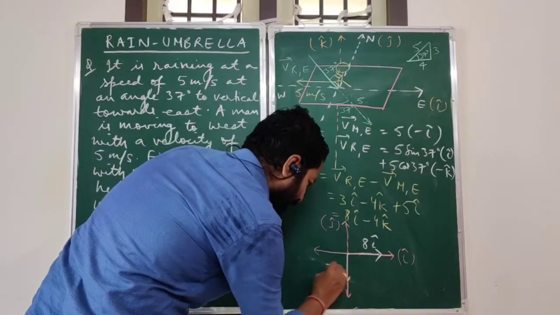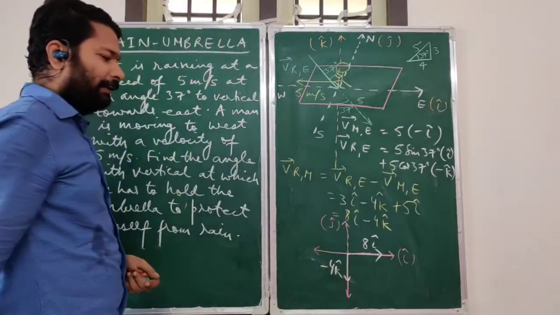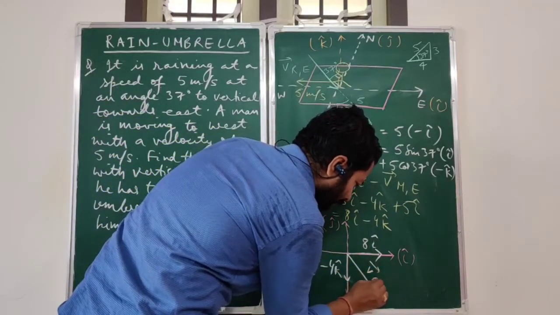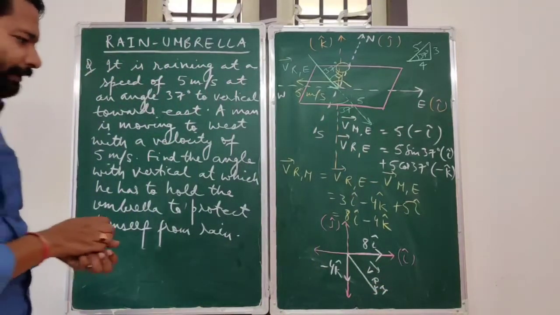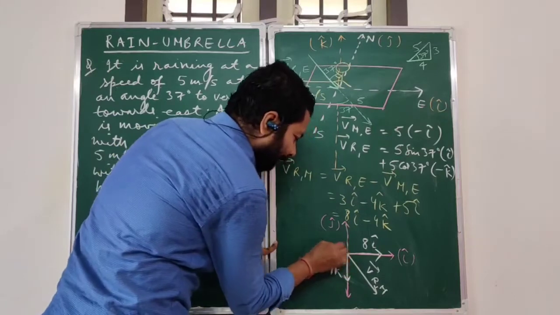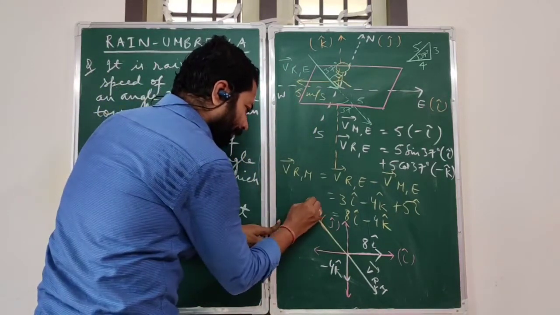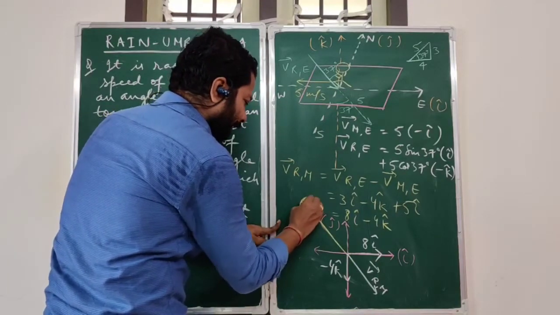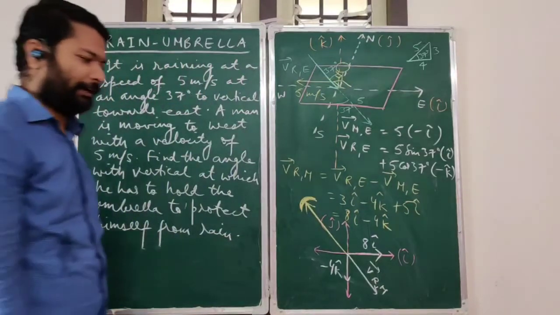So it will be somewhere here like this. What will be the resultant? What is the V_RM vector here? This is V_RM. So in which direction does the umbrella have to be taken out? Opposite to V_RM, like this. So the umbrella has to be taken in a direction opposite to V_RM. This is the umbrella. You have to take it out opposite to the direction of V_RM.